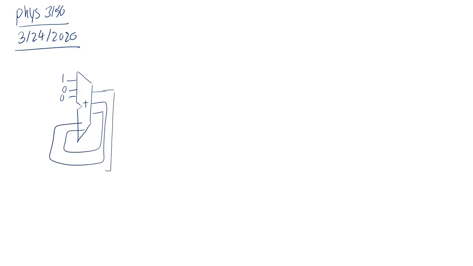Okay, so the idea was that I had a counter, I had an adder. Basically, I wanted to make a counter, so I had an adder. I took the output of this adder and I said, well, for a counter, I just want to add 1 to the previous number. So I connect the previous number to the input of the adder, and the other input of the adder is just 1.